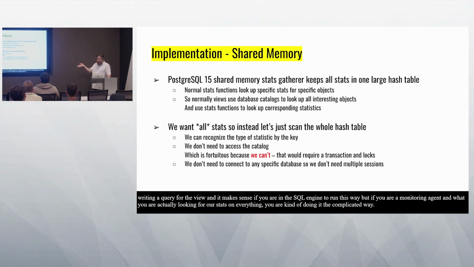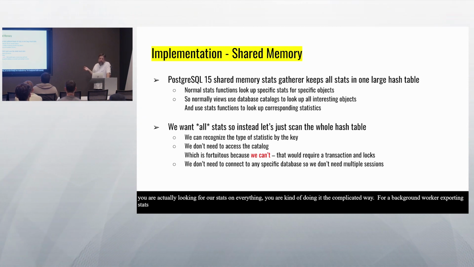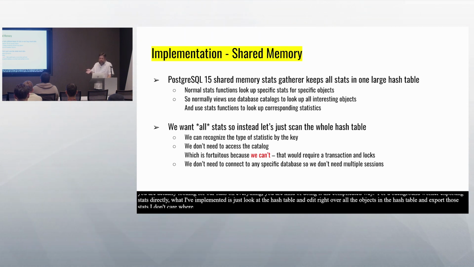Instead, for a background worker accessing shared memory directly and exporting stats directly, what I've implemented is I just look at the hash table and iterate over all the objects in the hash table and export those stats. I don't care what catalog object they correspond to. I'm not selecting only some catalog objects.